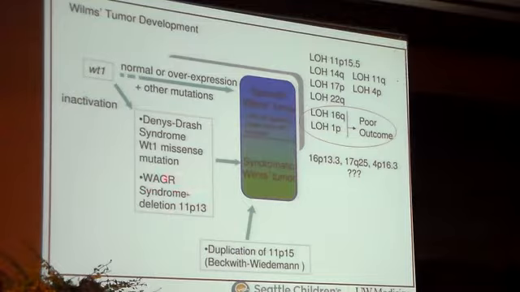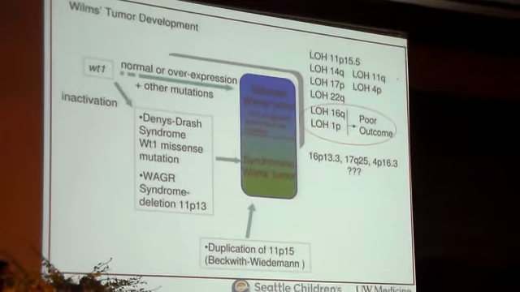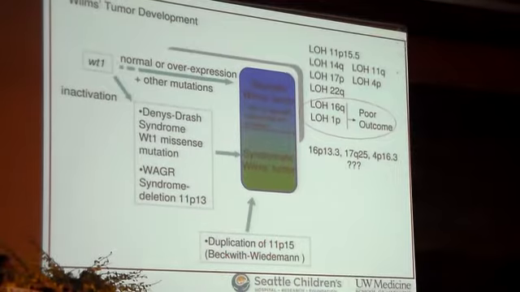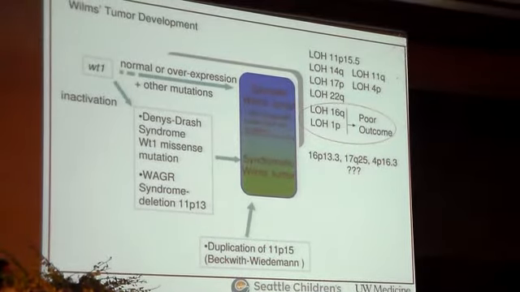So 11p13 is associated with WAGR and Denys-Drash, and 11p15 is associated with Beckwith-Wiedemann. Denys-Drash syndrome is renal anomalies and ambiguous genitalia with Wilms tumor. Beckwith-Wiedemann syndrome, as you know, is associated with macroglossia.